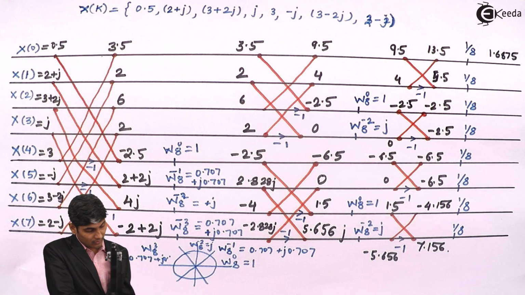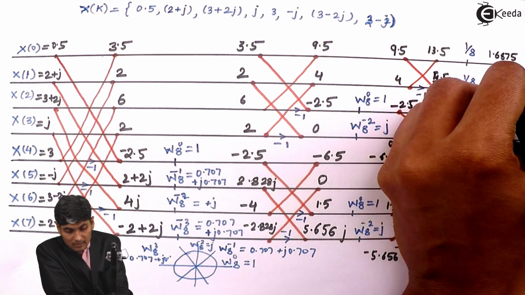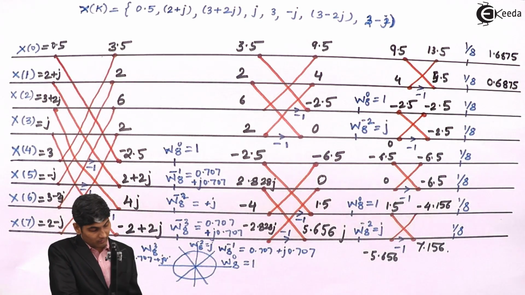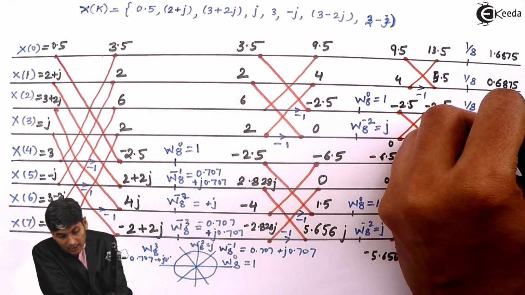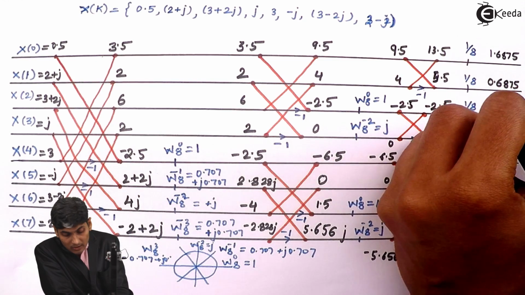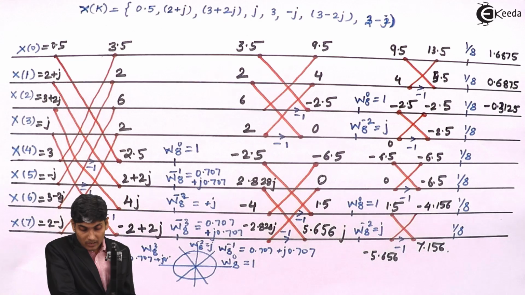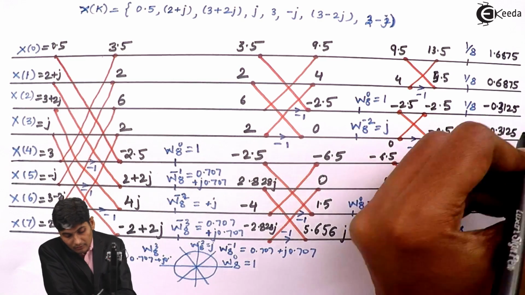Then we will have 5.5 divided by 8, which will be 0.6875. Then we have minus 2.5 divided by 8, that will be minus 0.3125. Then again the same value, minus 0.3125.